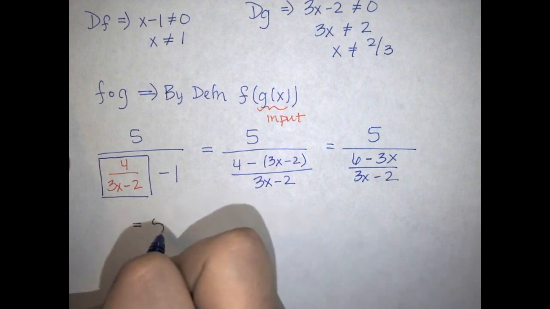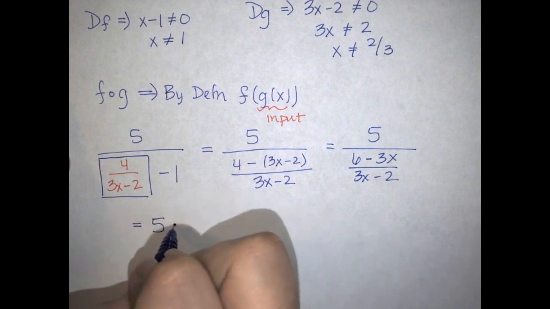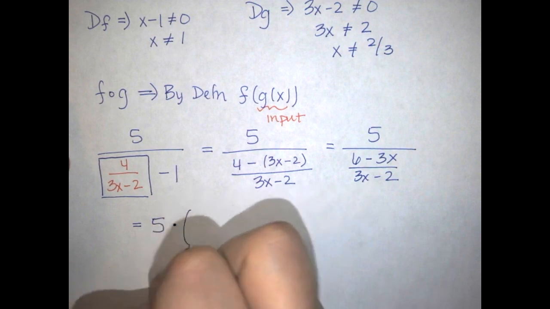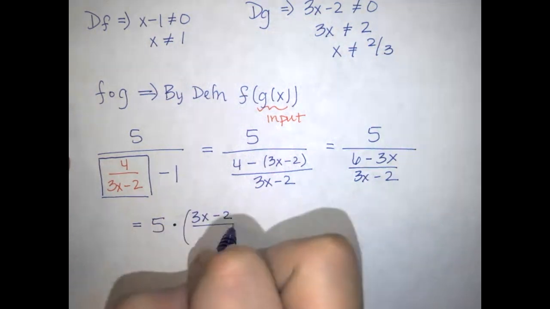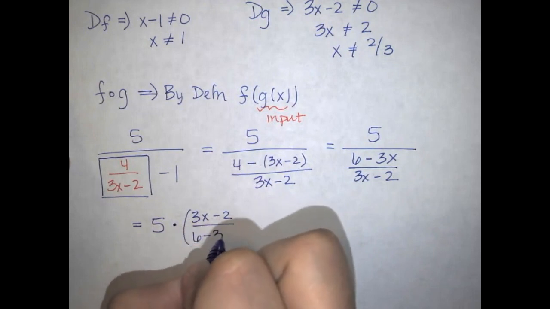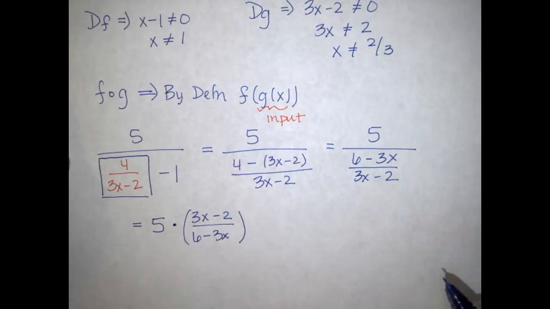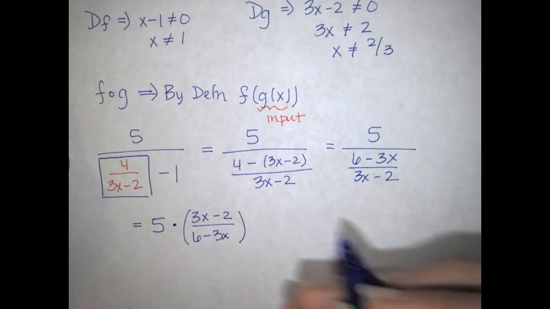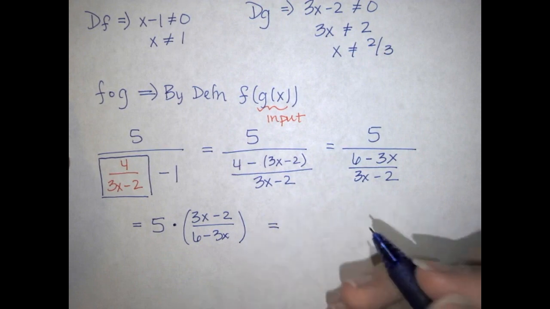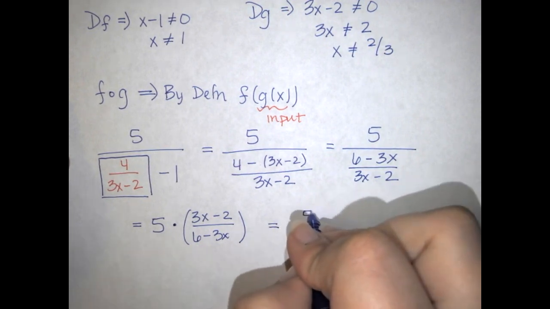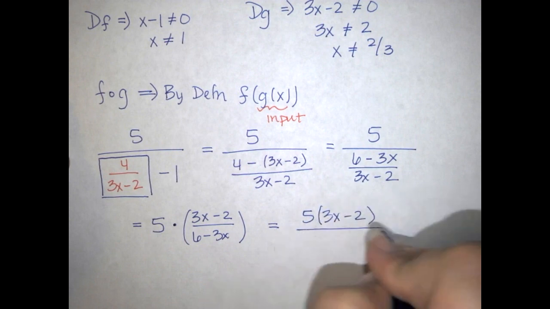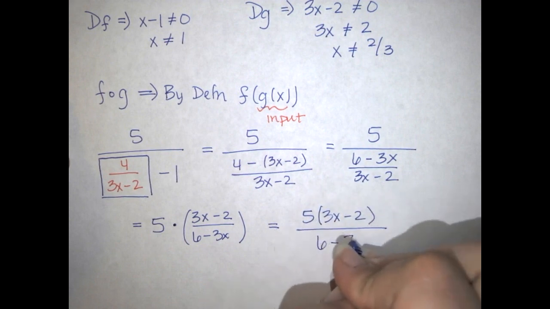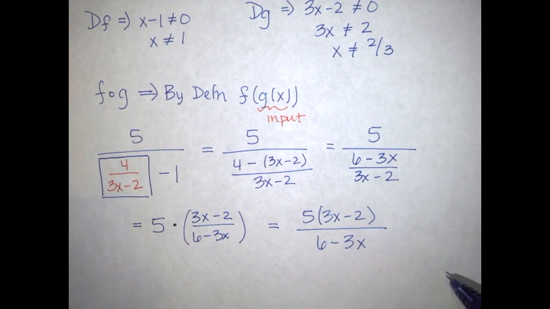So this is going to be 5 times the reciprocal of the bottom, so 3x minus 2 over 6 minus my 3x. And so we're actually going to rewrite that as a fraction. So this becomes 5 times 3x minus 2, and the whole thing is over 6 minus 3x. Okay?